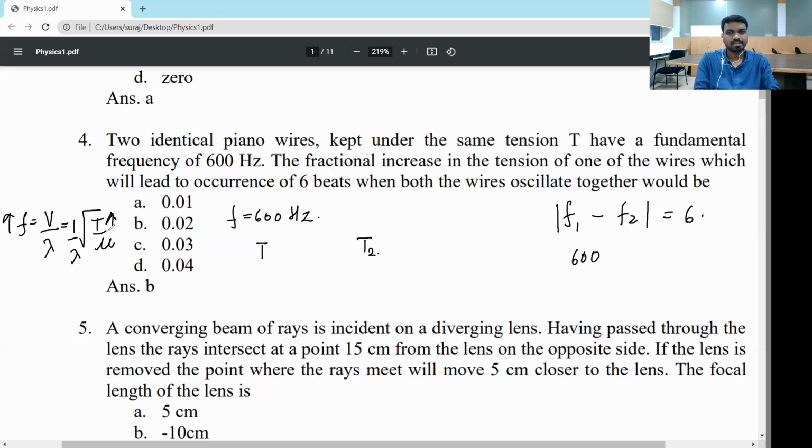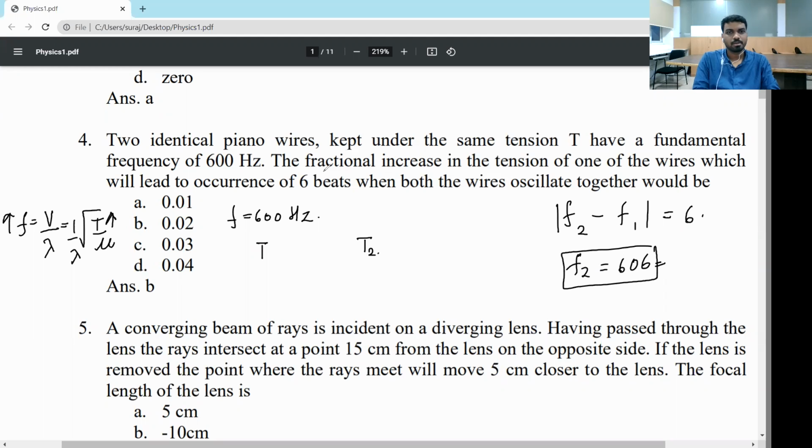If I increase the tension, frequency will increase, so F2 will be greater. F2 minus F1 is 6, so F2 will be 600 plus 6, 606. This is the frequency after increasing tension.